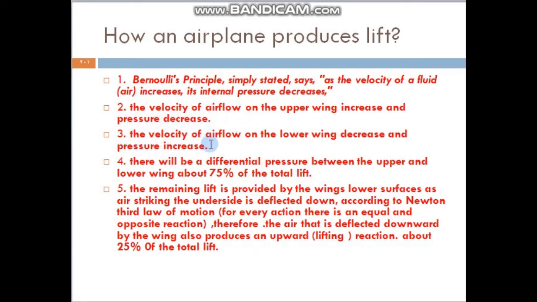The third thing, the velocity of the airflow on the lower wing decreases and the pressure increases. There will be a differential pressure between the upper wing and the lower wing, about 75% of total lift. So the total lift is produced 75% by the differential pressure between the upper wing and the lower wing.